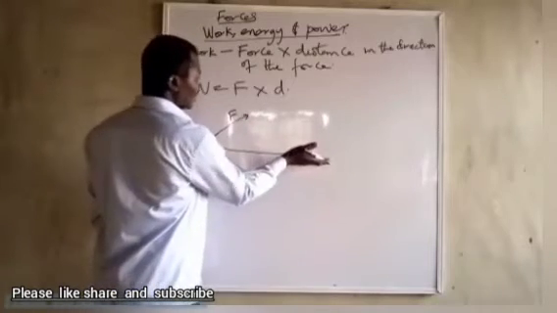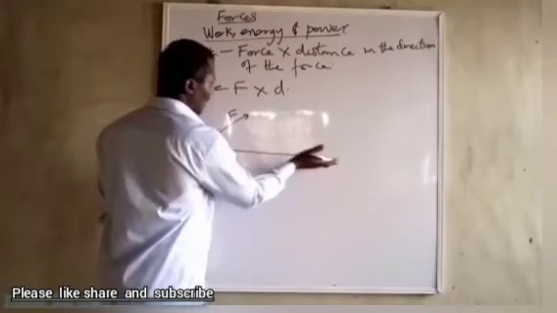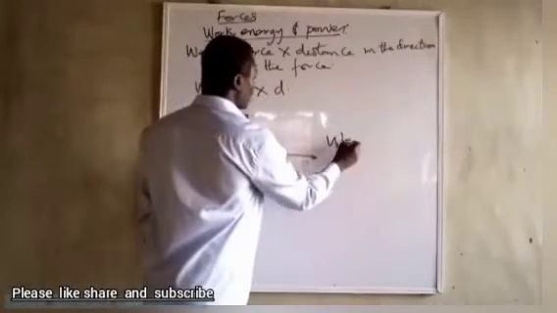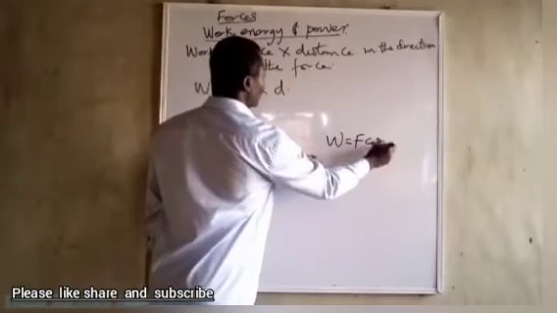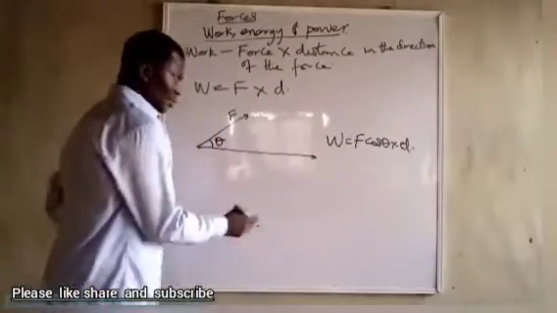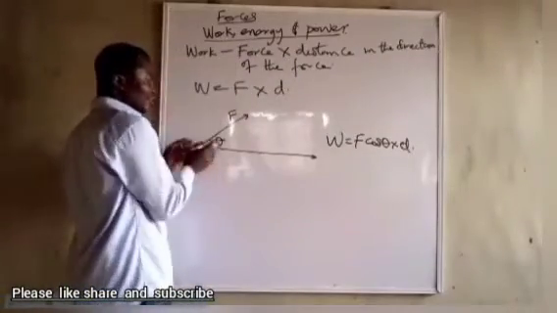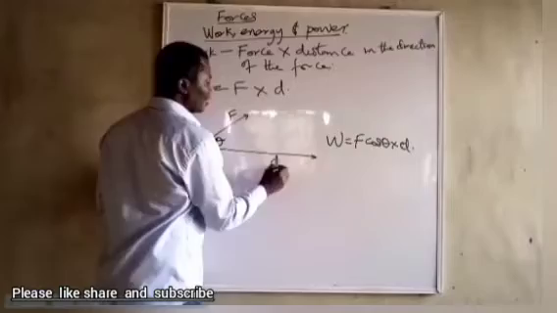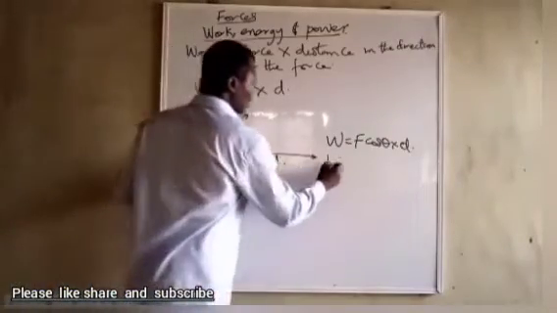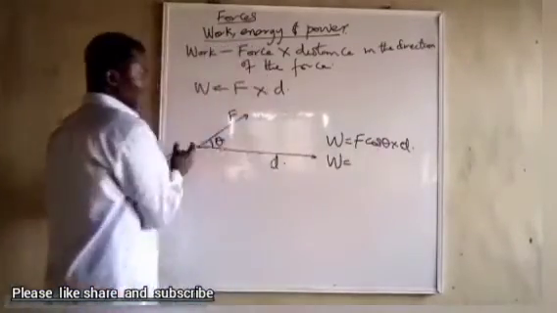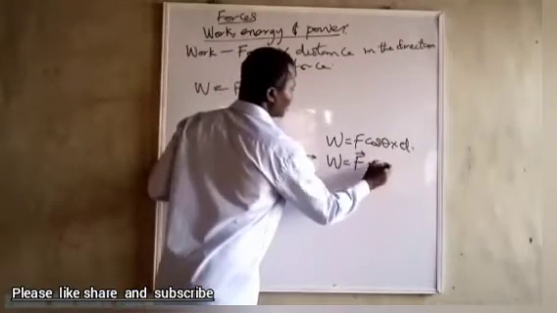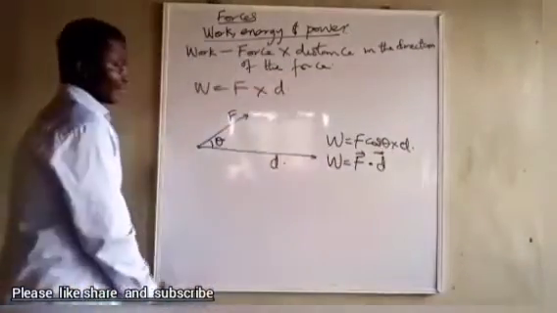So this is the direction of the force and distance. In this instance, W is equal to F cos theta times d. So that is the component of the force along the direction of the distance. This shows that work is a scalar product, a dot product, of force and distance.